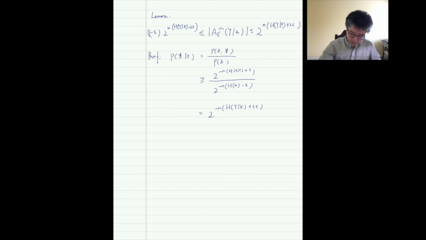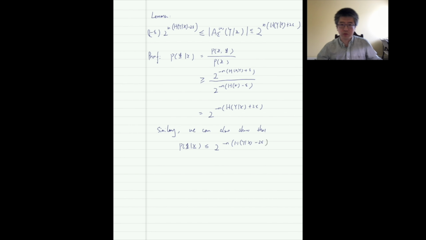Similarly, we can also show that P of y given x is less than or equal to this. This is very straightforward. We just need to use an upper bound here and a lower bound here, and then we can achieve this easily.